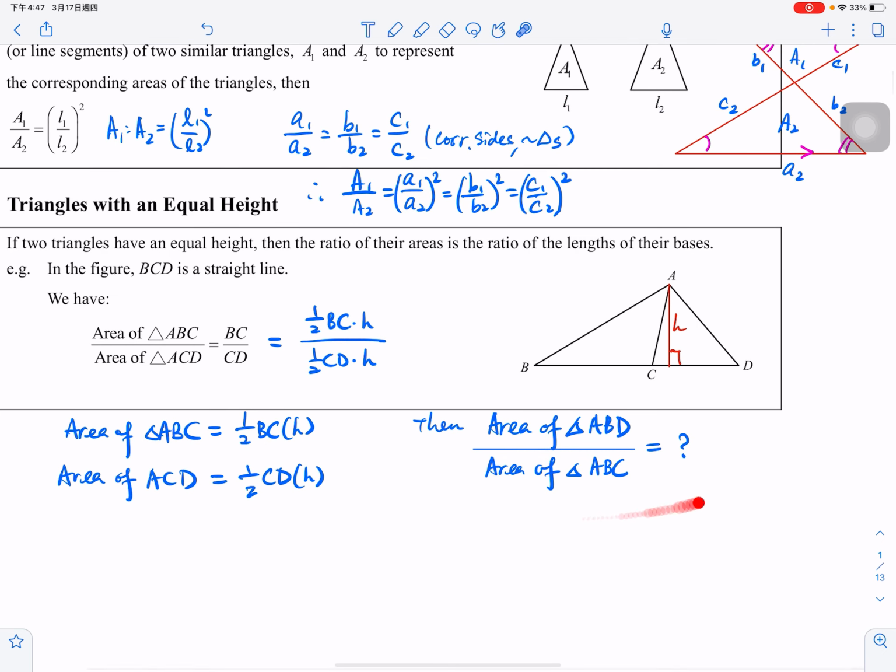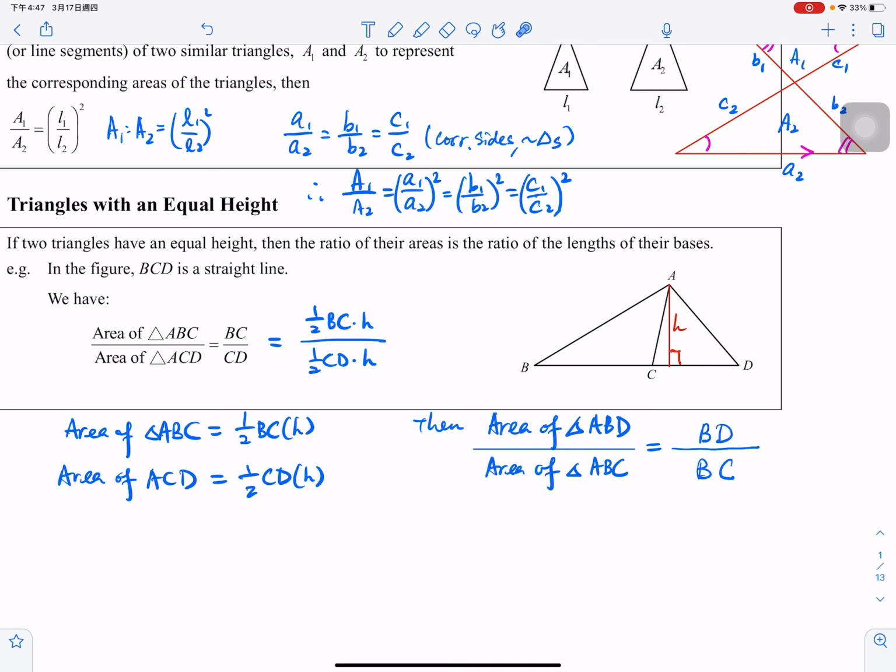Then I ask you one question. How about the area of triangle ABD, the bigger one, to the area of ABC, this one? What do you think? Yeah, correct. ABD means BD, ABC means BC. They have the same height also, right?